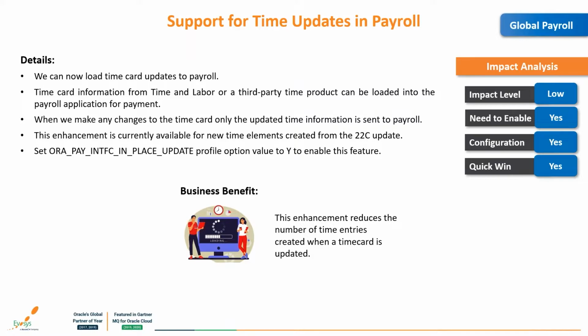So this will also result in reducing the unwanted payroll errors because we are only transferring the updated entries and not the entire time entry here. For the retro process to work, we will have to add some additional configuration in the retroactive event group, and this is definitely going to be a very useful feature in the 22C upgrade.